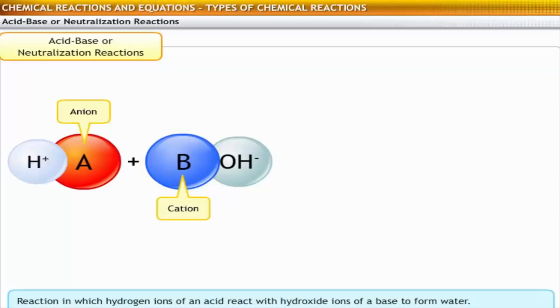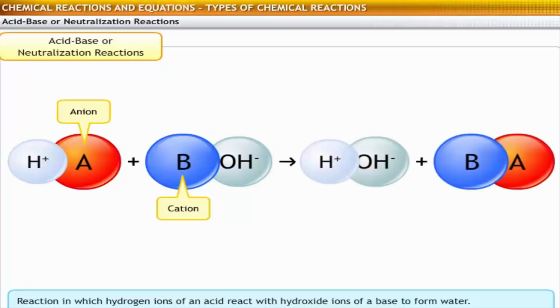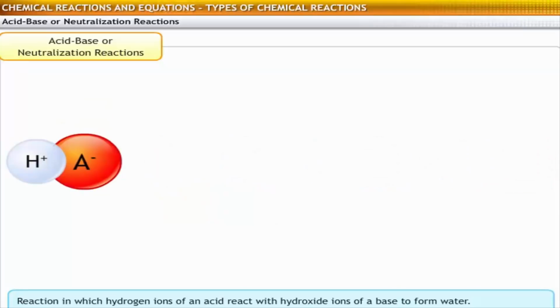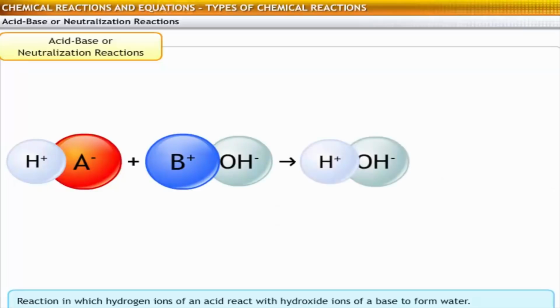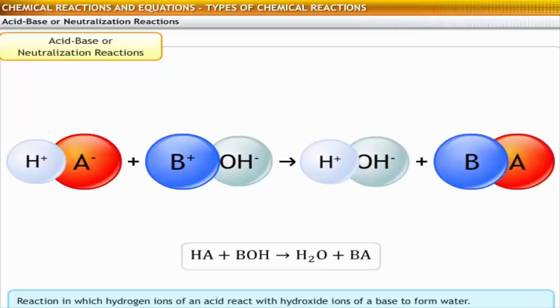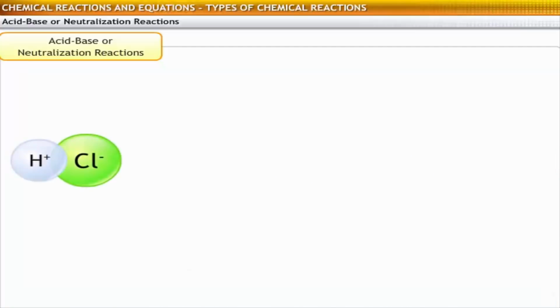In an acid-base reaction, the hydrogen ions of an acid react with the hydroxide ions of a base to form water. Therefore, in the general form of an acid-base equation, HA, an acid reacts with BOH, a base, to produce water and a salt, BA.